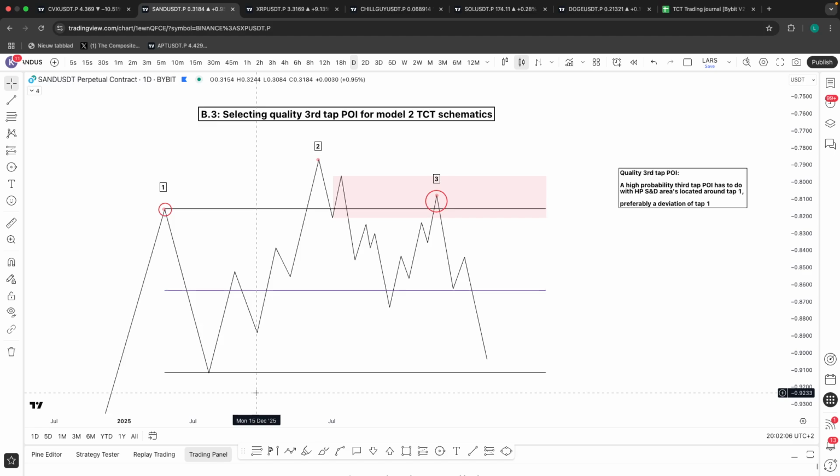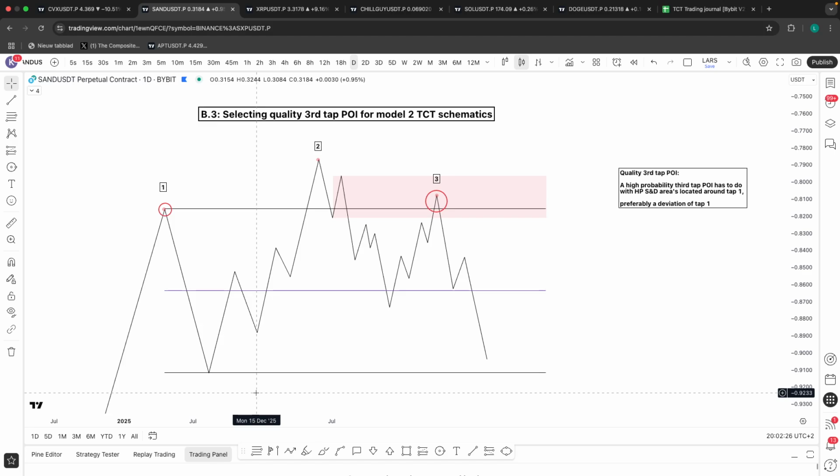However, these days, you will see me keep the range high or the range low at my original range starting point. And your highest probability models will have third taps that are around tab 1, preferably a deviation of tab 1.